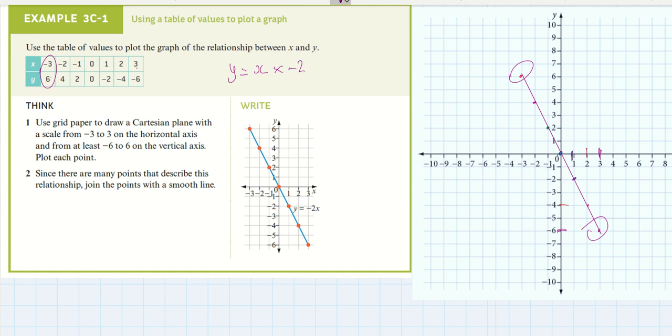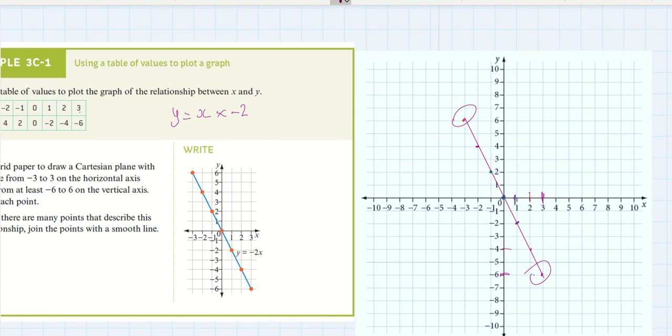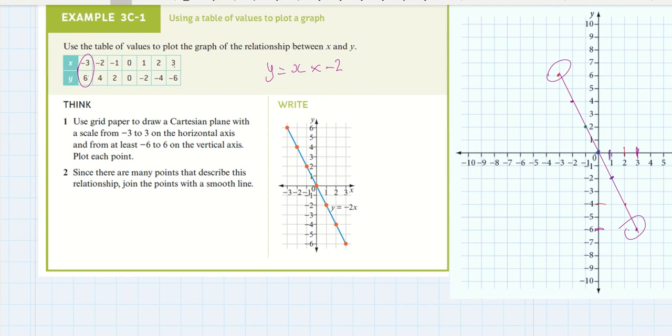So my relationship is y equals x times -2. Now I just rewrite that a little bit better and say that y equals -2x. I just continue to look through this. 3 times -2 is -6. -1 times -2, yeah, that's +2. So that confirms my relationship.